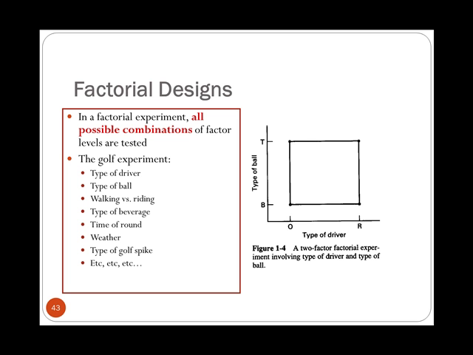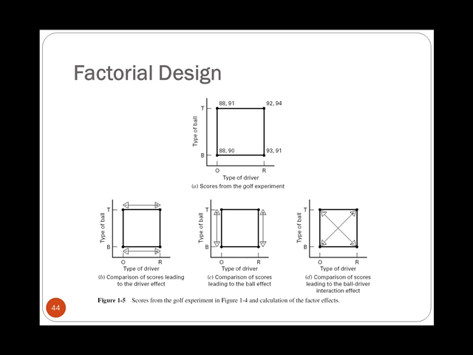Each has two levels, and at each treatment combination, two observations or two scores were obtained. Figures B, C provide how to calculate the effect for a single factor, and figure D provides the interaction effect.